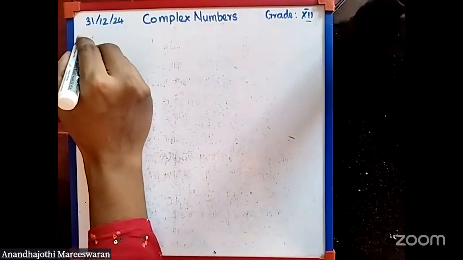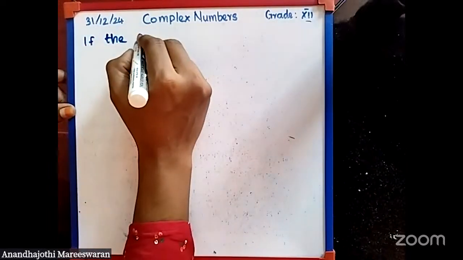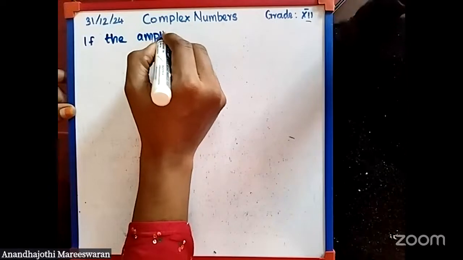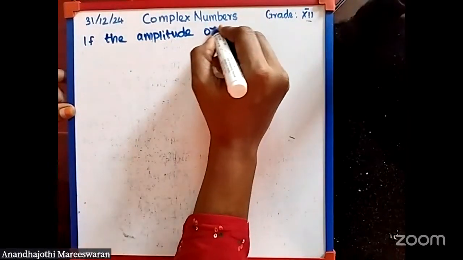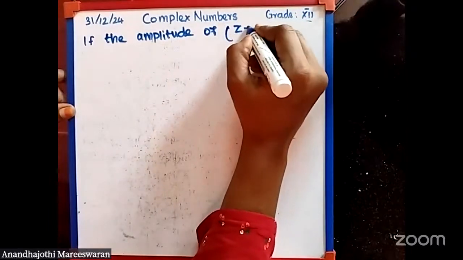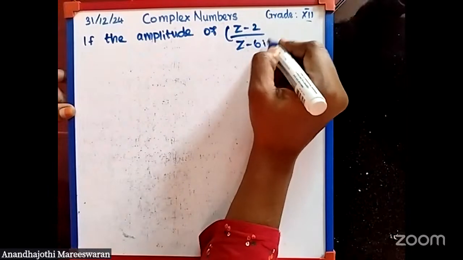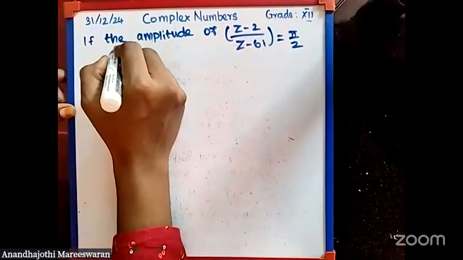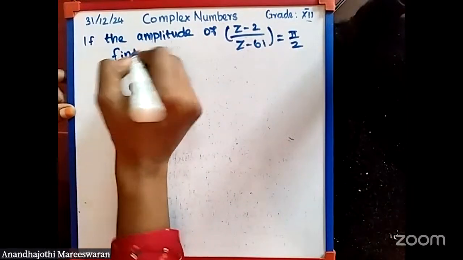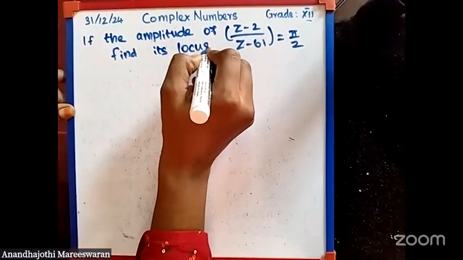Okay. The next question is: if the amplitude of (z minus 2) divided by (z minus 6i) is equal to pi by 2, then find its locus.